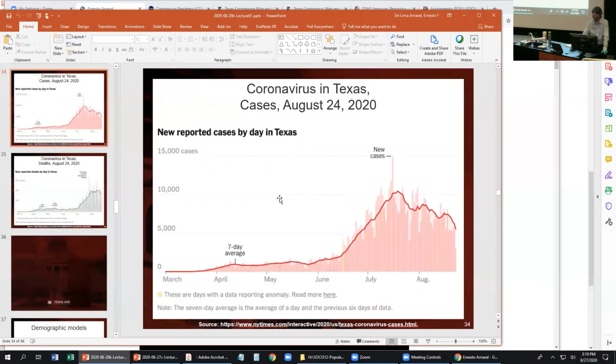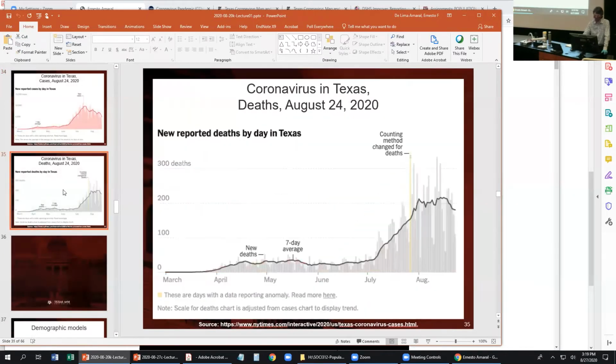One student in the previous class asked a good question about this data reporting anomaly that appears towards the end of July for Texas. And I suggested going to this link here and then clicking on this link.